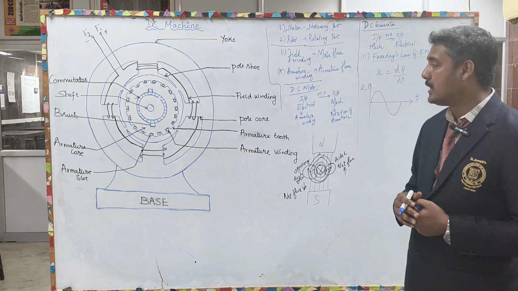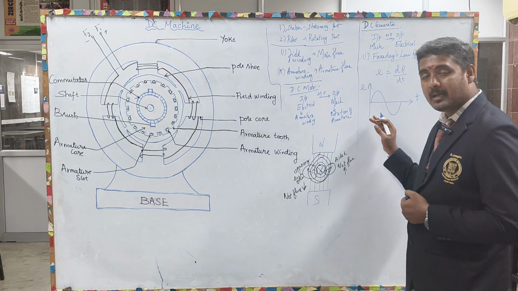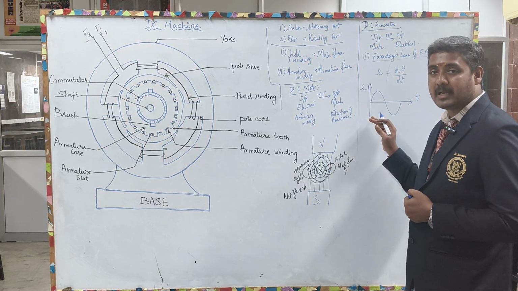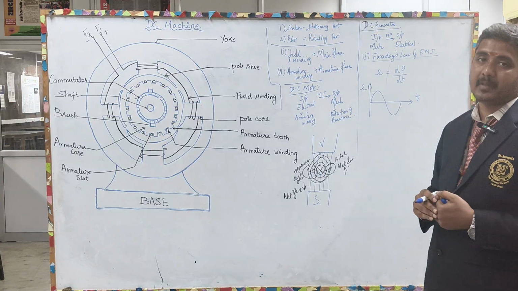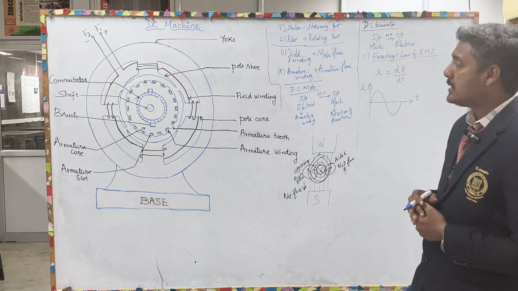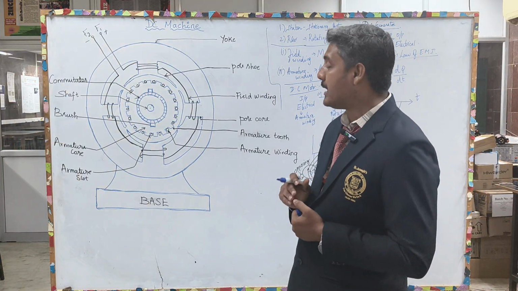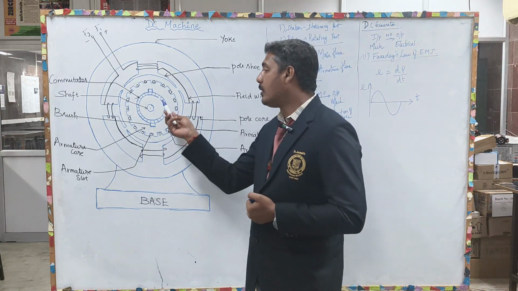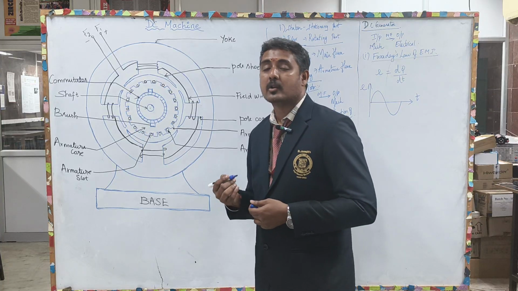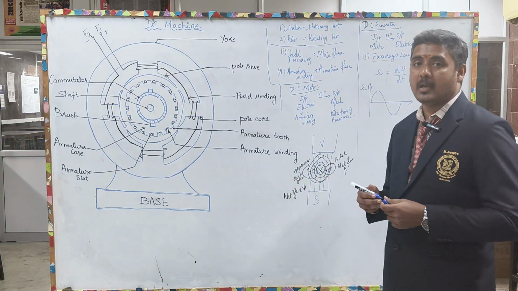So, you have to convert this alternating quantity into a direct quantity. How can you convert this? You can convert the alternating quantity into a direct quantity by means of the commutator and brush arrangement. How will it happen?